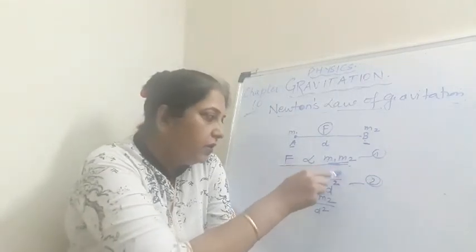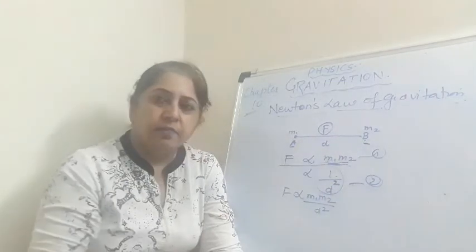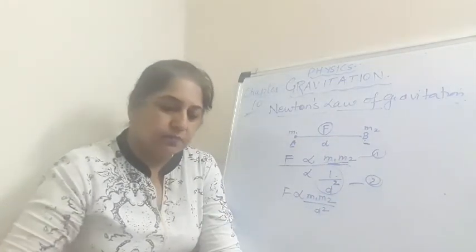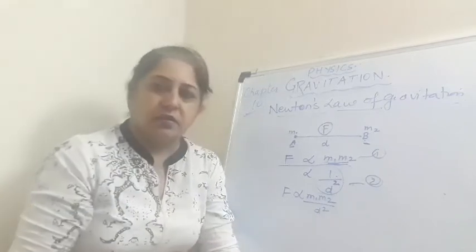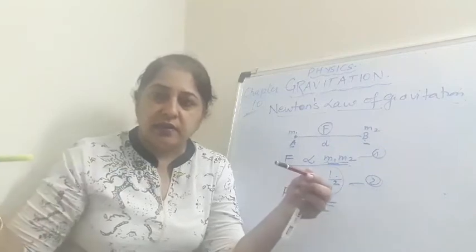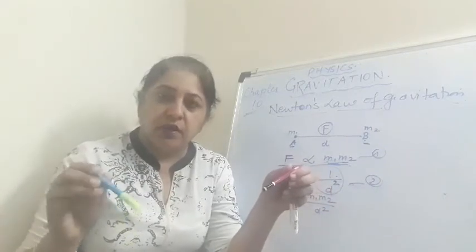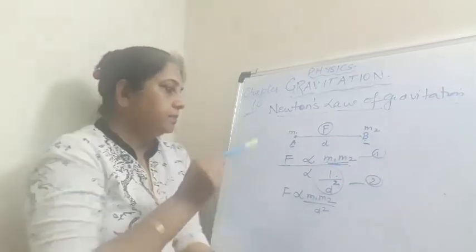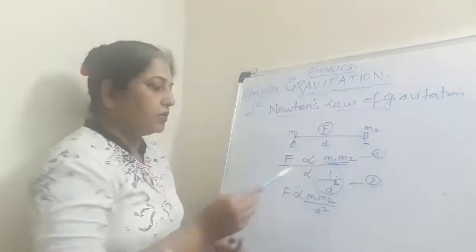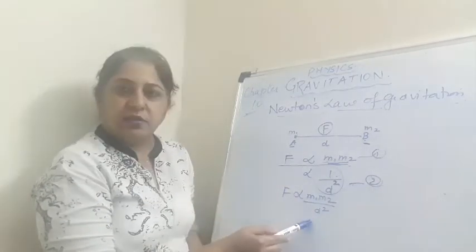But if you talk about the second part, if the distance between the two objects increases, the force of attraction between them will decrease. So when we combine these two laws, we can write F is directly proportional to m1 m2 upon d square.